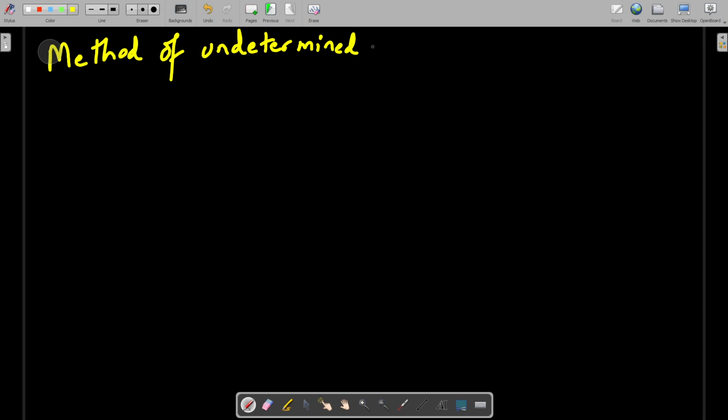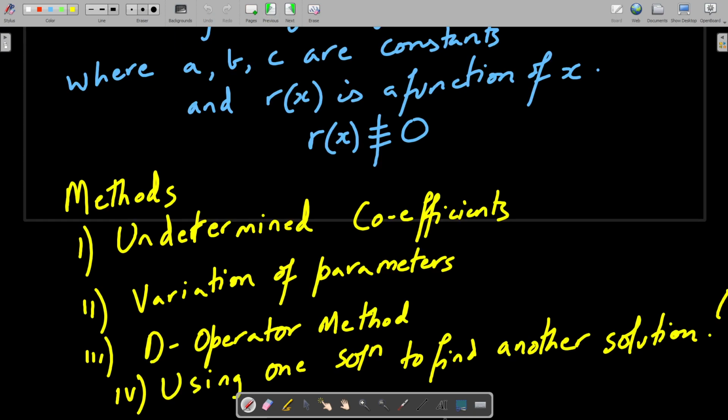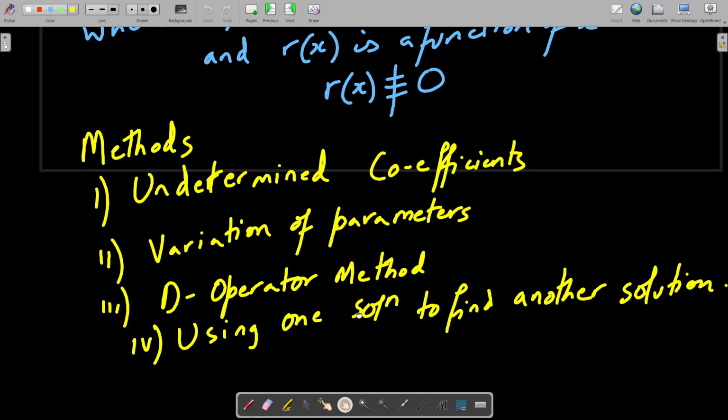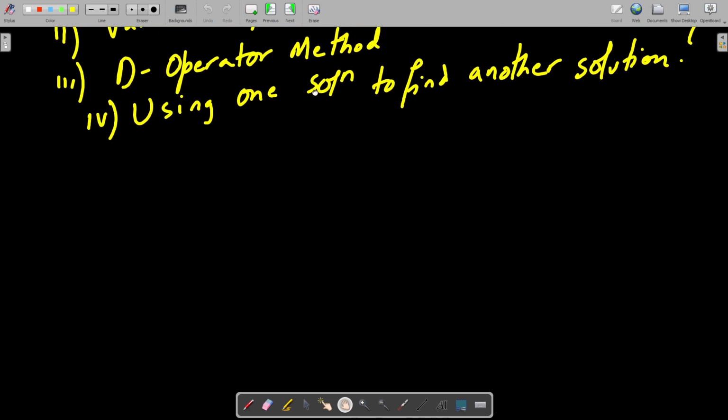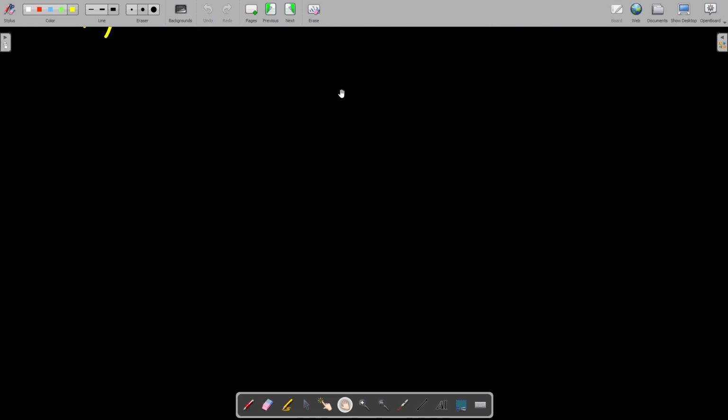Before I start this method, there is something which I have to say in general. I'll write on this page only.